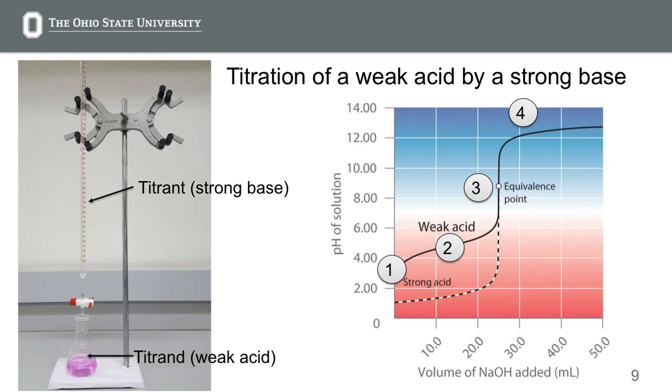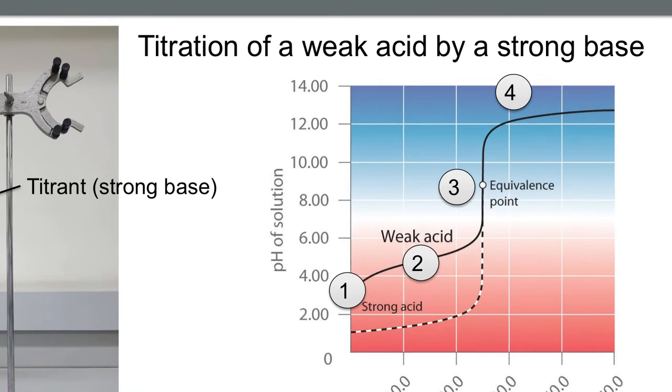Okay, so titration of a weak acid with a strong base. This is, again, why it's really important to recognize what the weak acids are, because we do these problems differently. There are 4 regions, again, of the titration curve. We'll talk about each of those, but take a look here at the difference in shape of a strong acid curve, that's the dashed line, versus that of a weak acid.